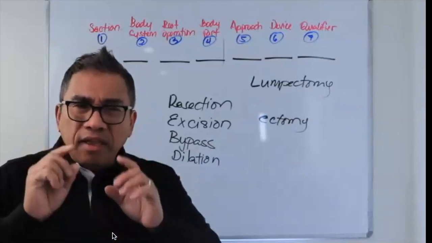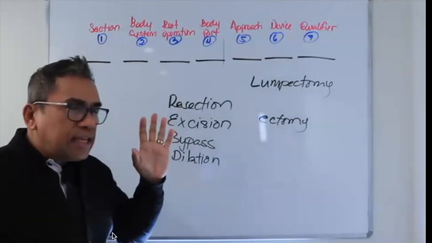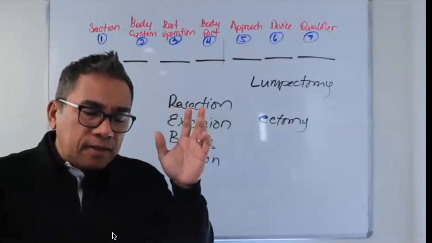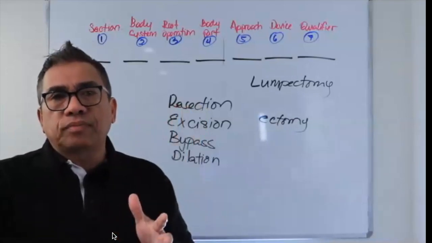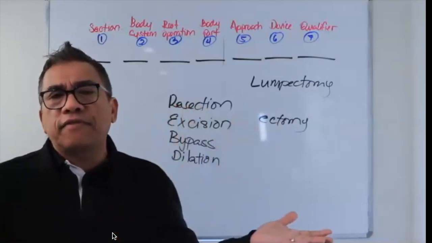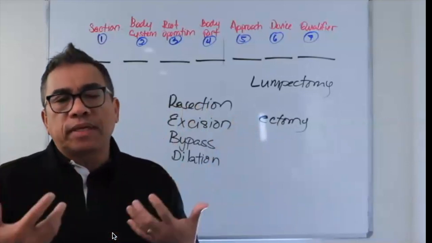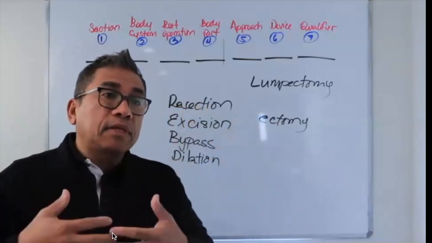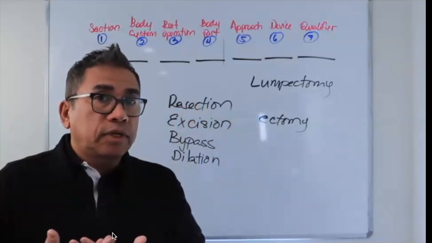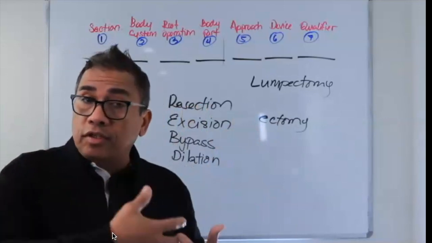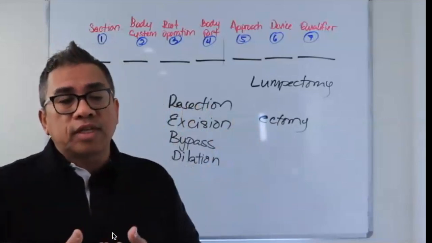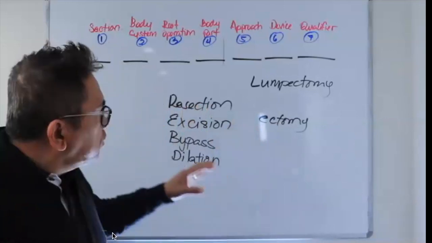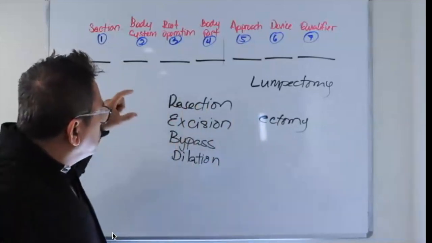So the difference, guys, in the AHIMA exam, they always ask this question: how do you differentiate resection from excision? It may not be a direct question like that, but they will give you scenarios, and you are to decide whether this is excision or whether this is resection. So these are very common: resection, excision.